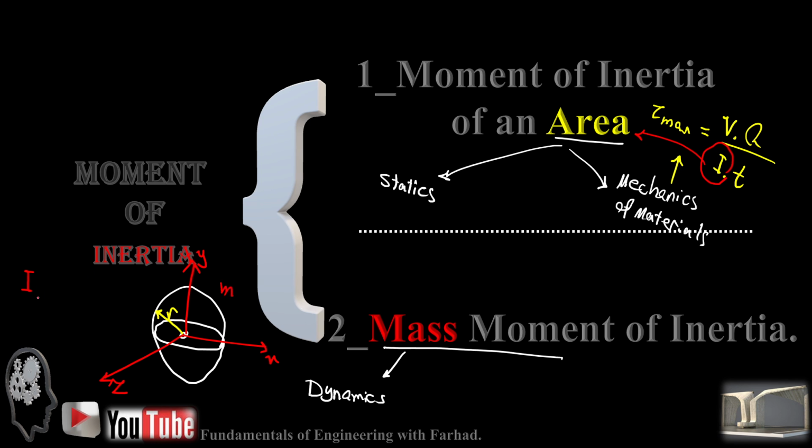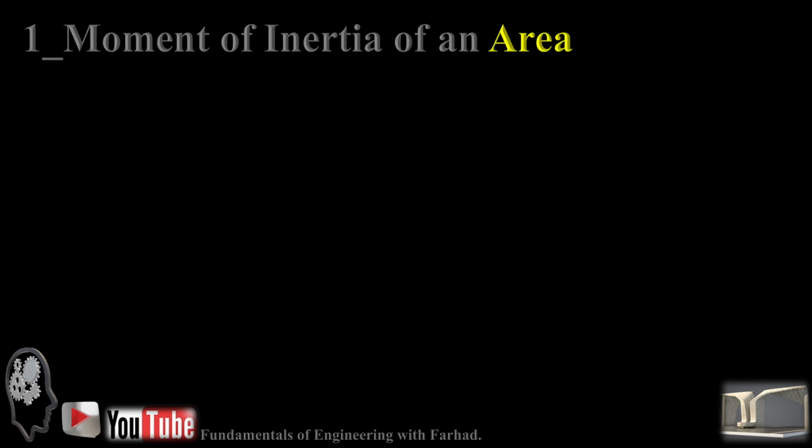Then we want to know what I is, and that's equal to 2/5 of m r squared. We'll talk about it in detail later. And then let's jump to the first one, moment of inertia of an area.